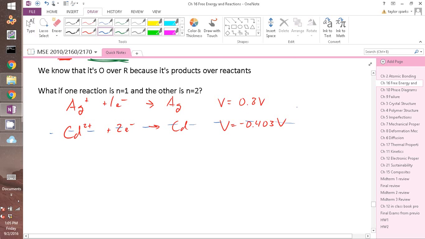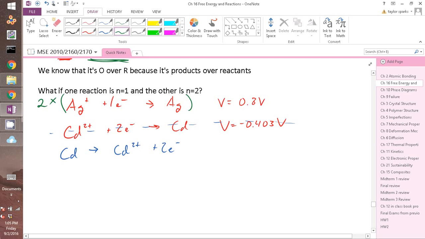Let's rewrite it as cadmium metal dissolving to form cadmium 2+ ions plus 2 electrons. Now if we add these two reactions together, the electrons don't cancel out. We have 1 as a reactant and 2 as a product. So we need to multiply the silver one by 2. We take the whole thing and do 2 times that.